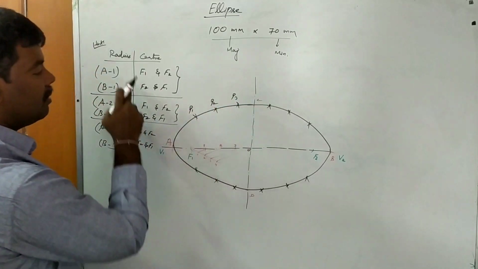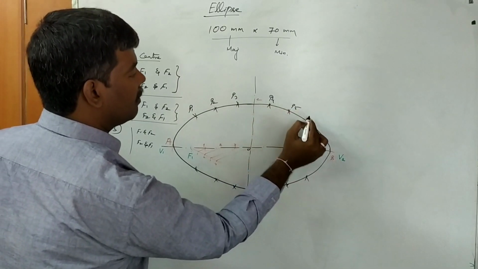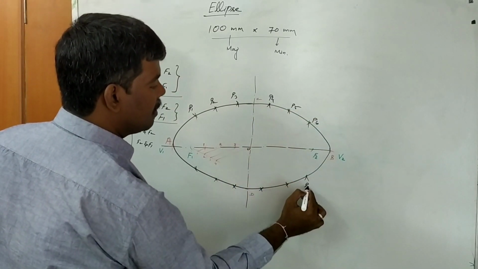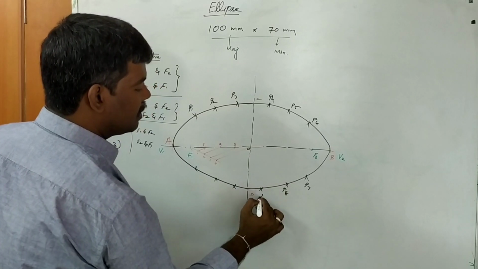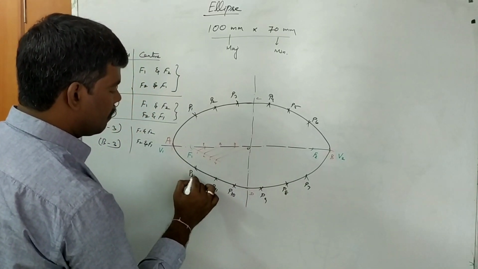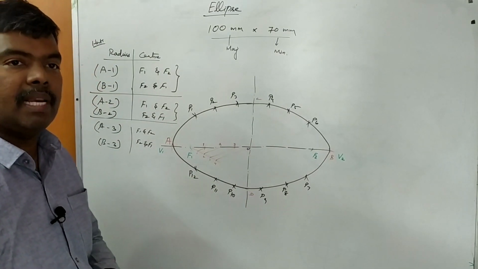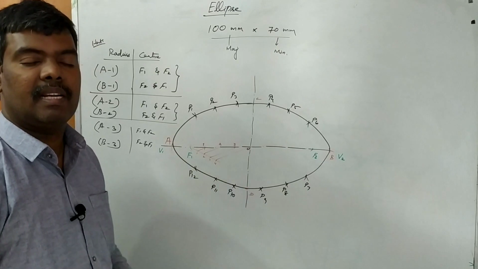So these points, by using this procedure, you got P4, P5, P6, P7, P8. Clear? So this is the method to construct an ellipse by using arcs of circle method.